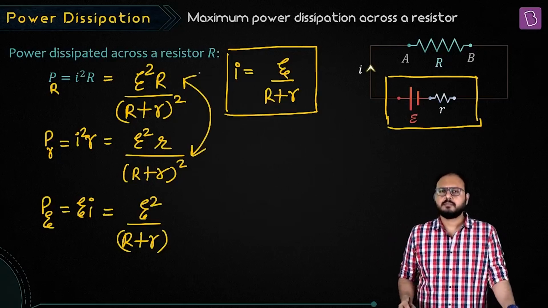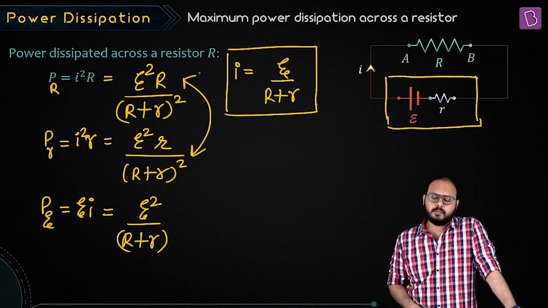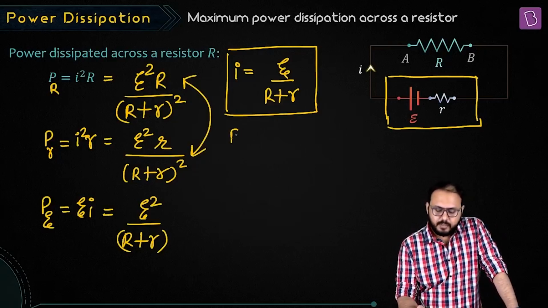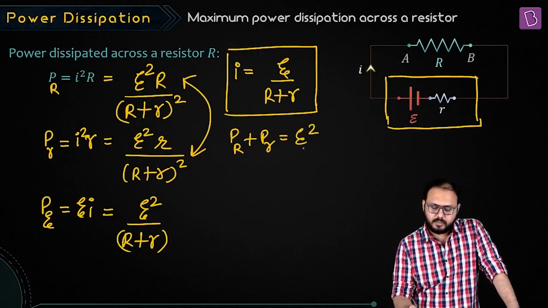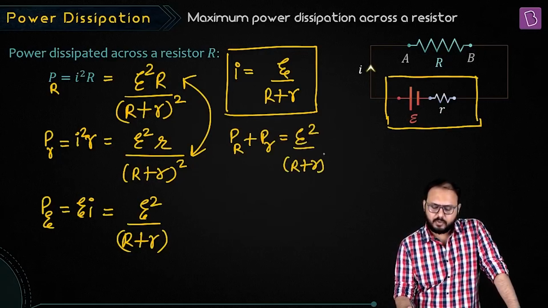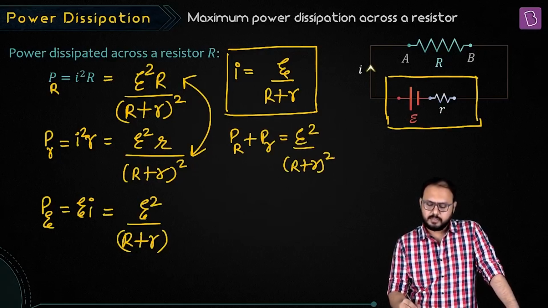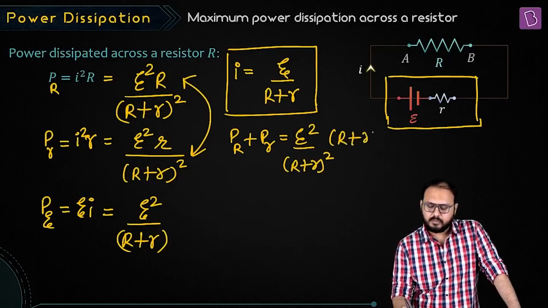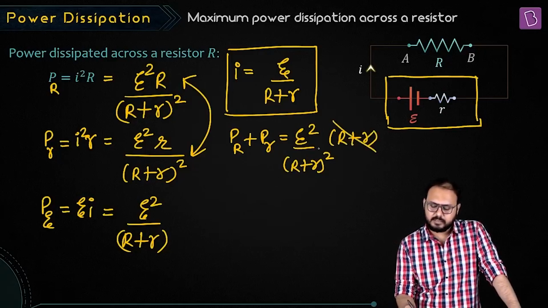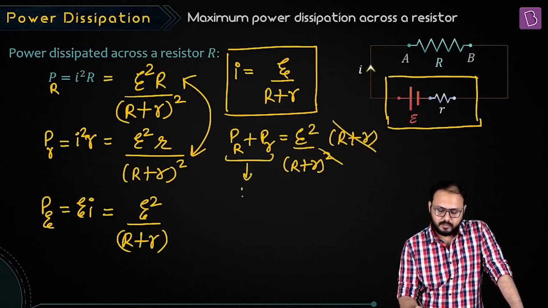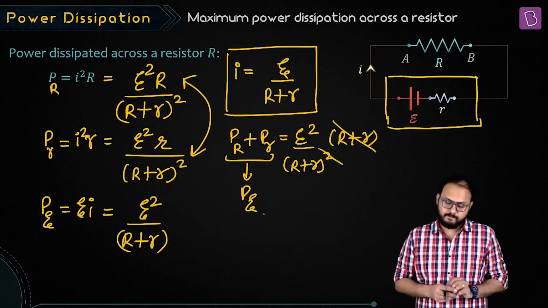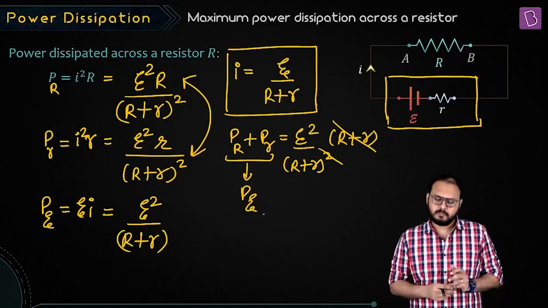So P capital R plus P small r: E square upon R plus r whole square is common, and this cancels with this. Is it P? Yes. Is it magic? No.